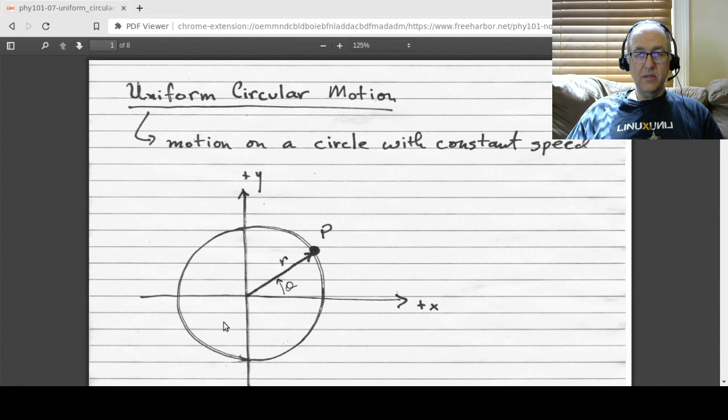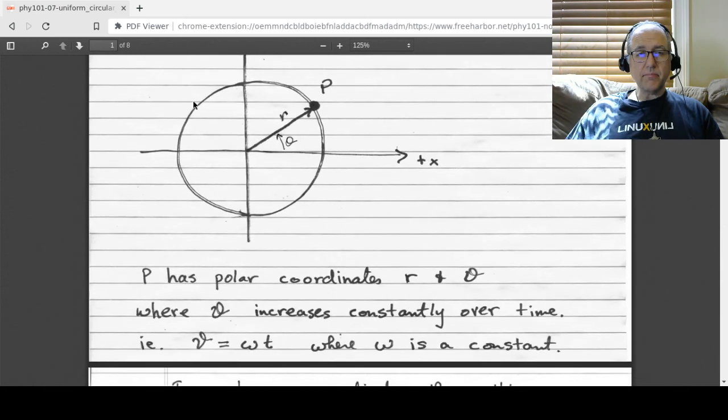This diagram is like one particular instant in time, like a little picture you take. The point P is going to be at some distance r from the origin, and at some angle theta from the positive x-axis. So r and theta are the polar coordinates for the object. To describe uniform circular motion, first, r doesn't change, because if r changed, you would step off the circle, so r is fixed.